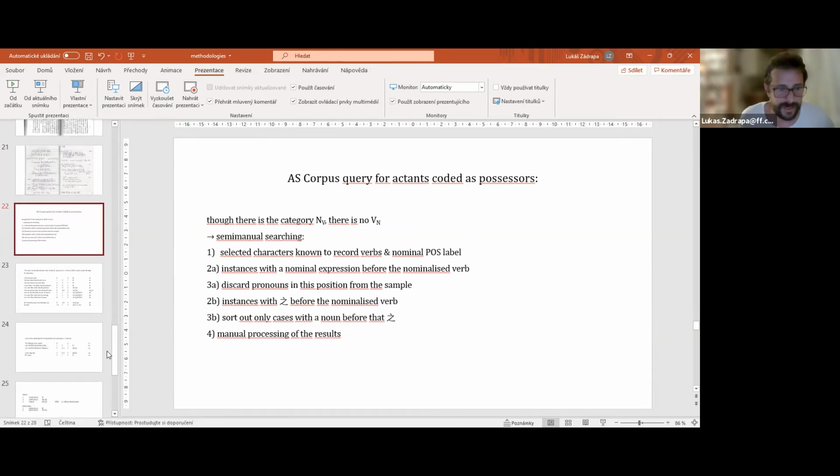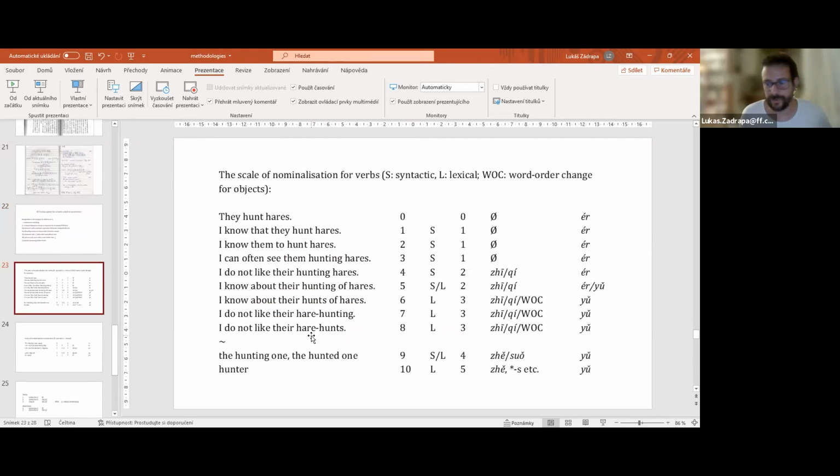But I can show you already the scale of nominalization I devised for myself in the first place internally. We have this, as I have shown you, where there is no nominalization at all, and then we have various degrees of nominalization represented by these morphosyntactic transformations, ending with "I don't like their hair hands".